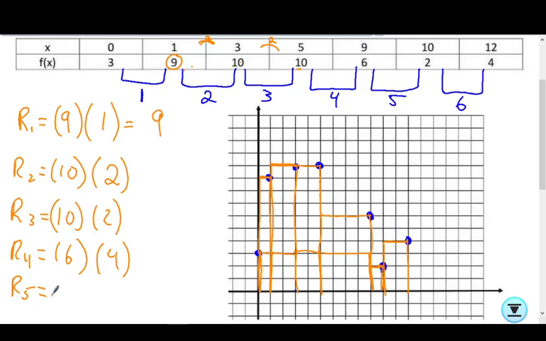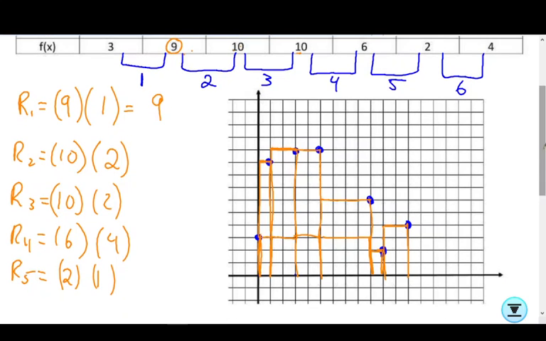Rectangle 5. Height of 2 with a width of 1. And our last one, rectangle 6, has a height of 4 with a width of 2.